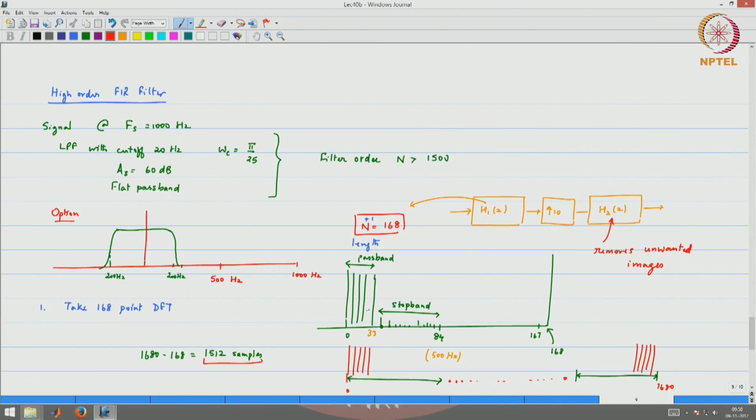Now, 33 by 1680 into 100 hertz is equal to what? 20 hertz, exactly 1/10 of what it was before, because you have now expanded it by a factor of 10, from 168 to 1680. So if 33 corresponded to 200, the same 33 will now correspond to 20 hertz.